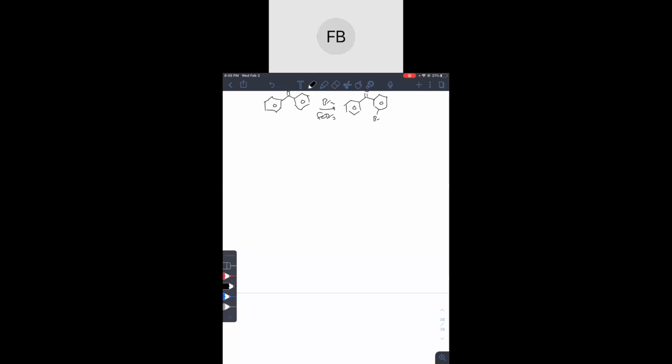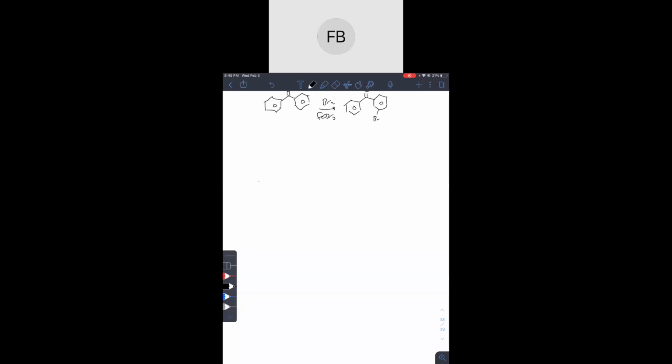So what this kind of means is that a Grignard you would typically draw with an Mg on it, like MgBr or something like that. You can just ignore the Mg and it's like a negative charge.